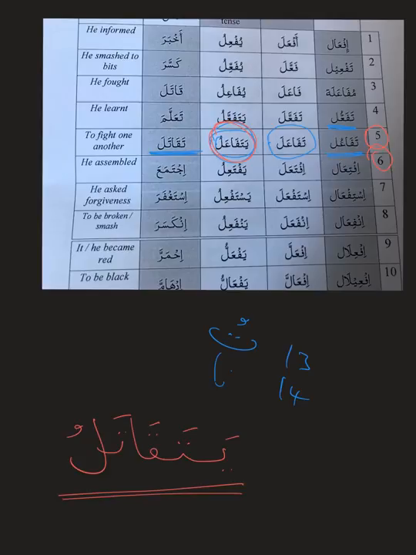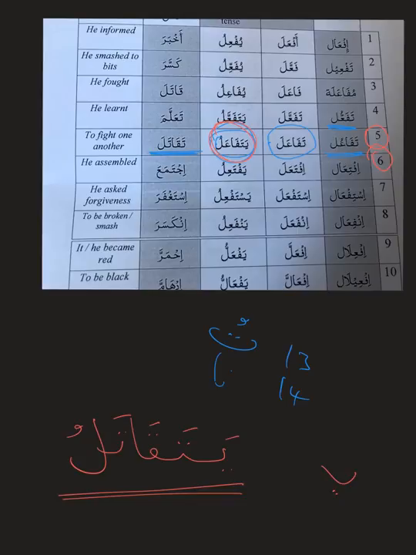So let's do the mudari' يتقاتل. يتقاتل يتقاتلان يتقاتلون تتقاتل تتقاتلان يتقاتلن. So again, if you remember number 6, it has a ya. Carry on. تتقاتل تتقاتلان تتقاتلون تتقاتلين تتقاتلان تتقاتلن أتقاتل نتقاتل.